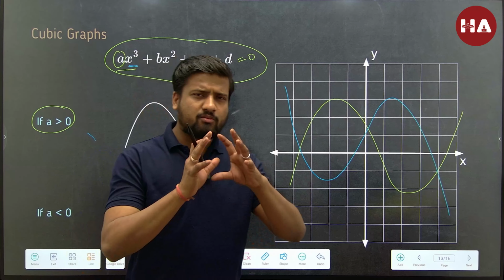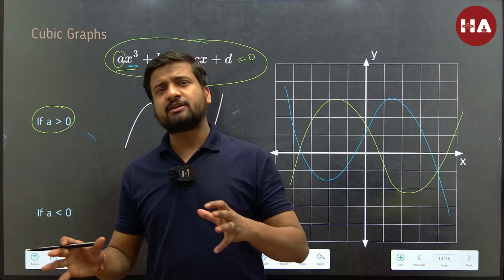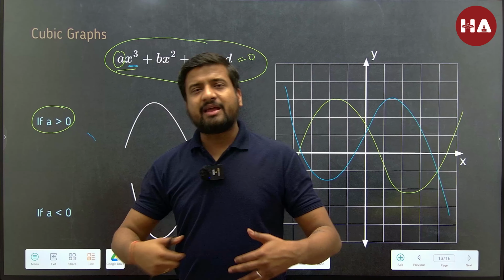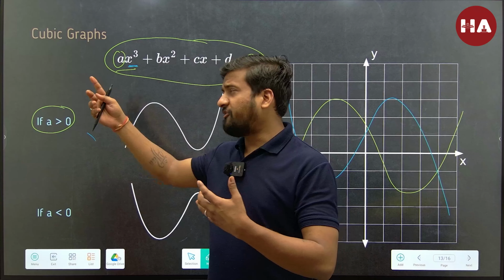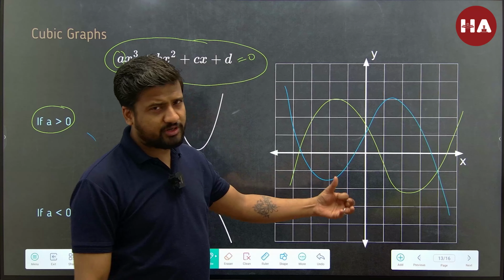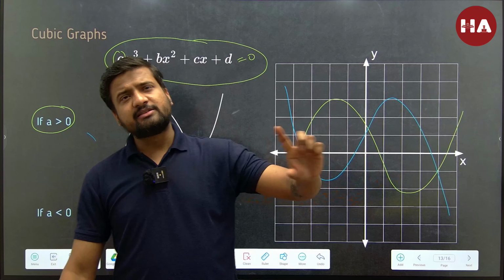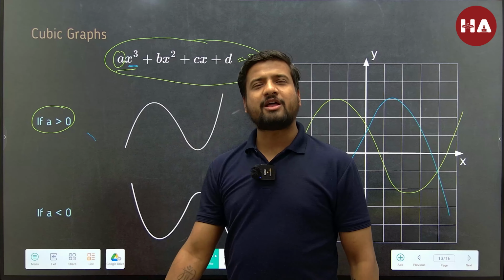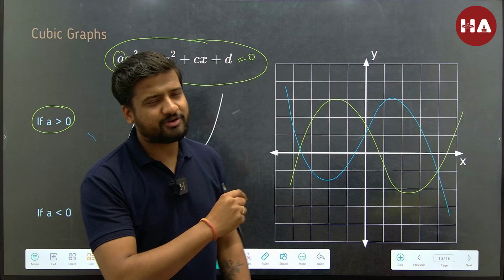So that is the basic difference between the graphs and how they depend on the value of a. If you want to, please note it down. There's nothing else, the important thing is the shape of the graphs at certain values of a.